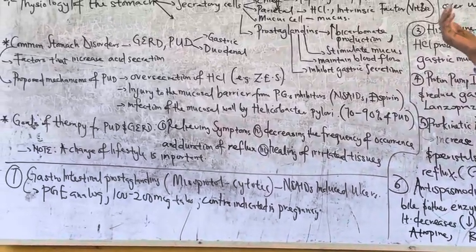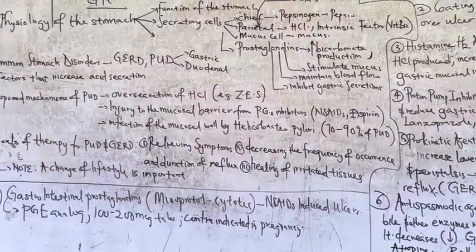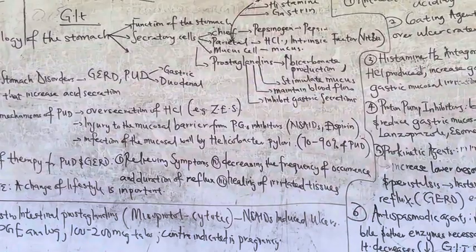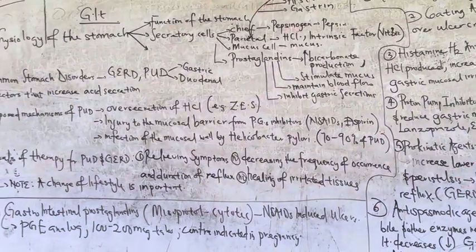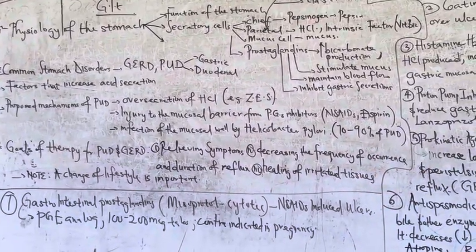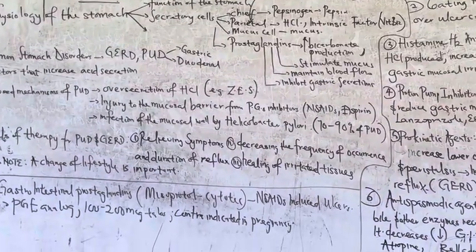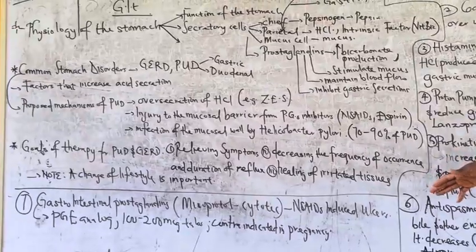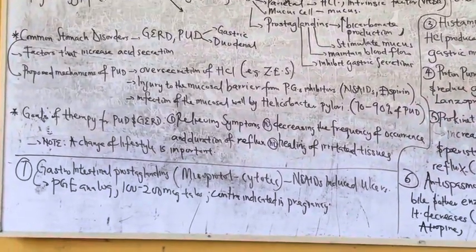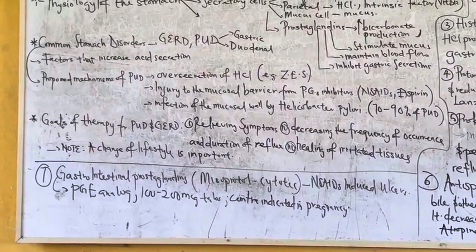In cases where individuals have to use drugs that inhibit prostaglandin synthesis, like NSAIDs such as diclofenac and aspirin, one of the drugs that could be given alongside the NSAIDs might be a GIT prostaglandin, misoprostol, which is a prostaglandin E analog to supplement for prostaglandin.